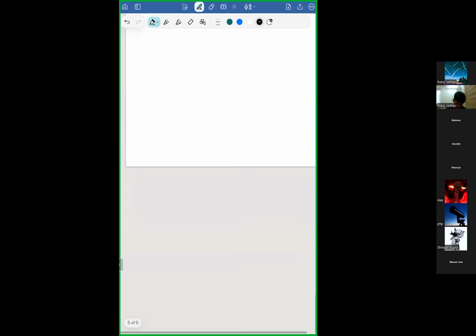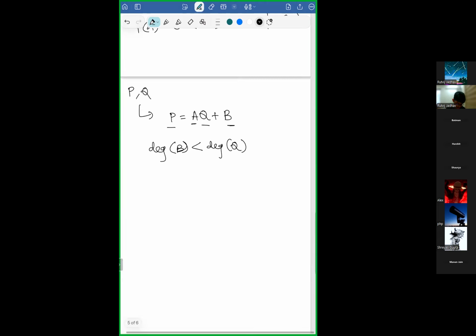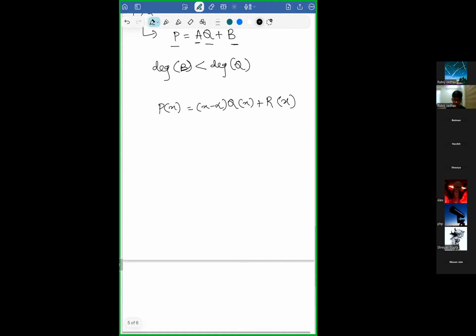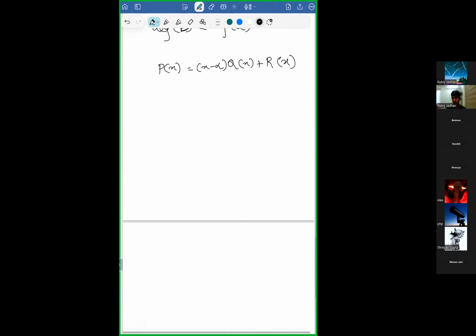So from this, if we say that P of x is some x minus alpha times Q of x plus R of x, so P can be expressed as this. Now to show that x minus alpha divides P of x, we'll have to show that R of alpha is 0. We can do this by substituting x as alpha.